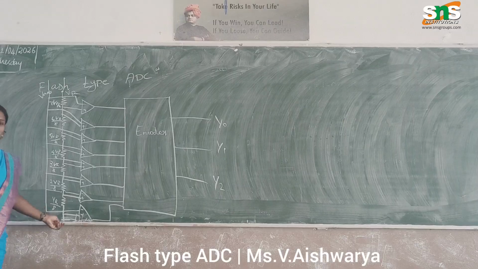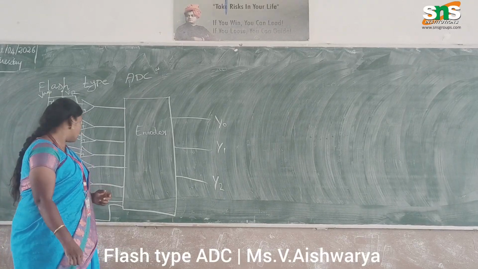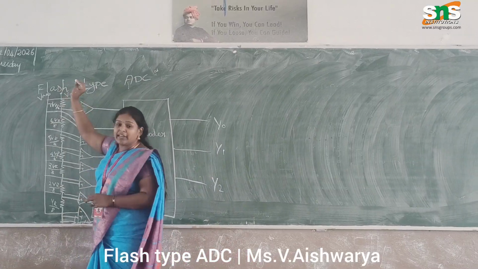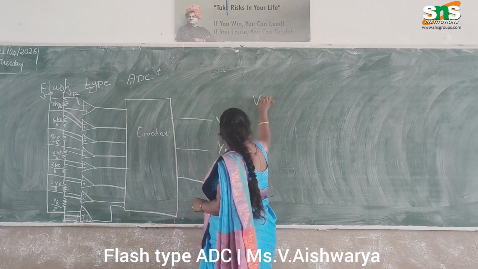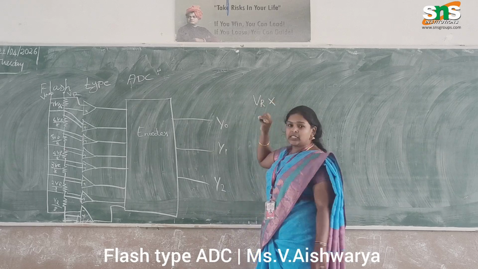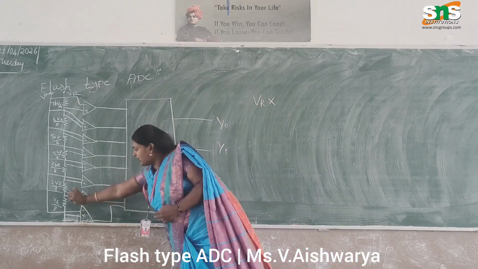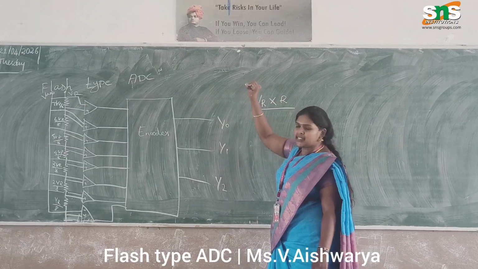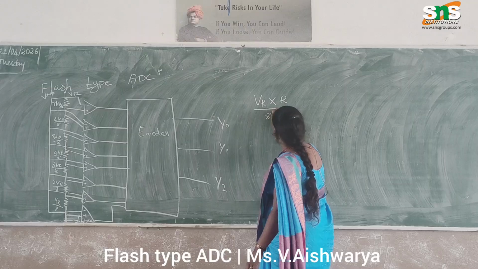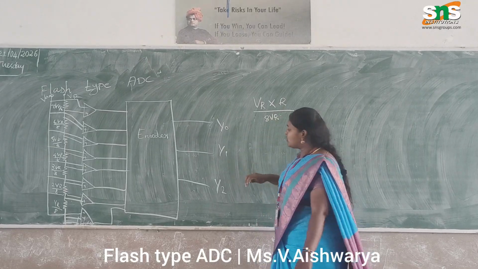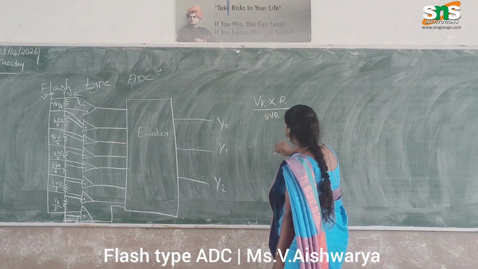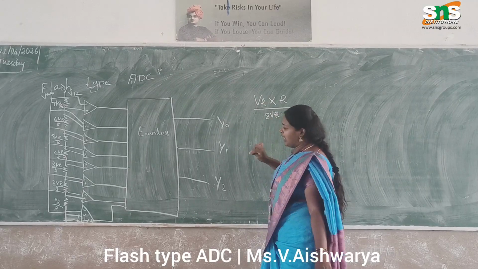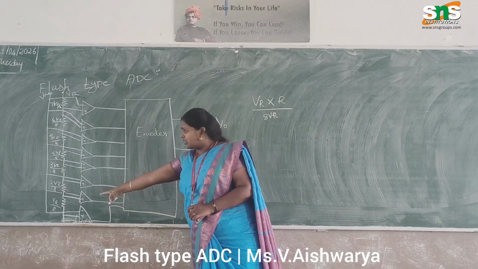This value is written by a formula: the corresponding voltage, that is VR, into the corresponding resistance, that is R, divided by the total resistance in the circuit, that is 8R. So the R is cancelled, and we write VR by 8 in that portion.